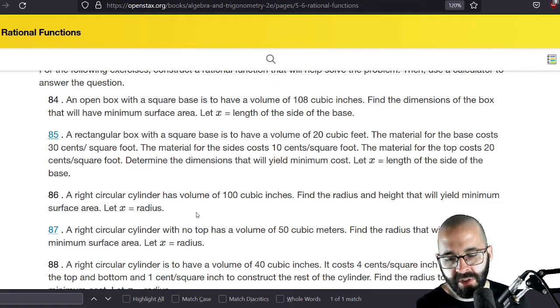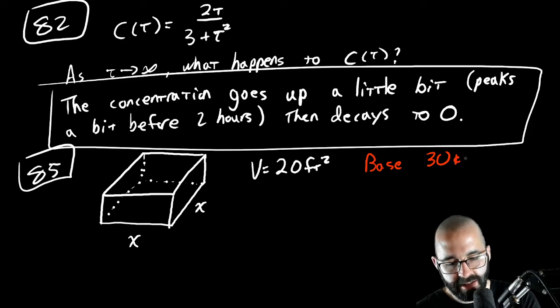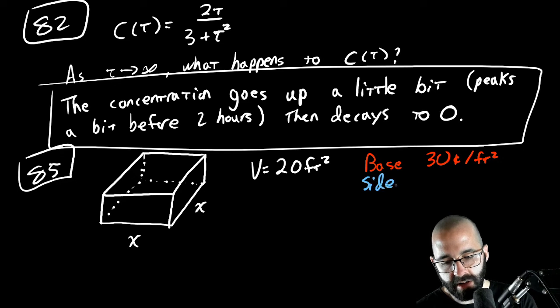The base is 30 cents per square foot. Let's color code this. The base is 30 cents. I don't know how to write cents. People just put that right through it, right? 30 cents per square foot. The sides is 10 cents per square foot. All of them.